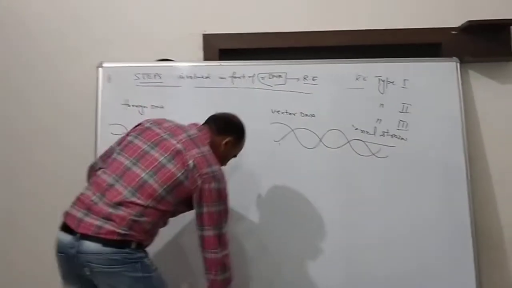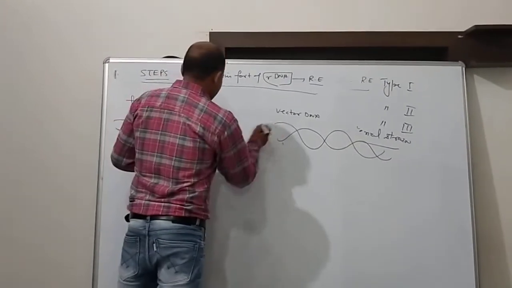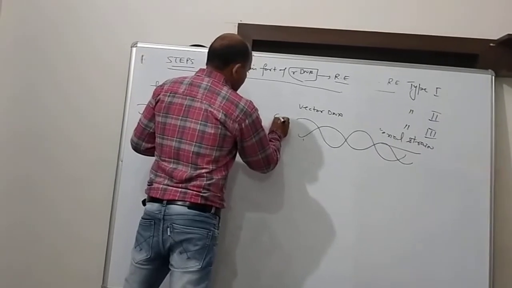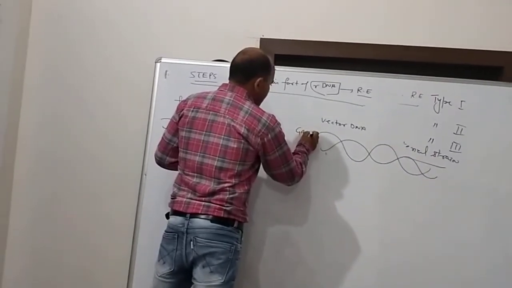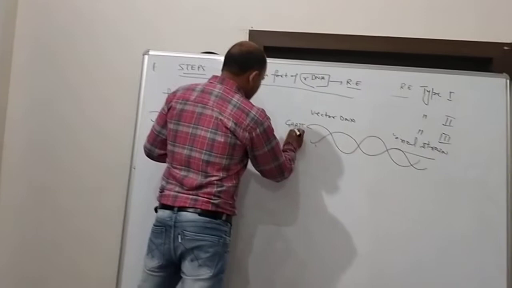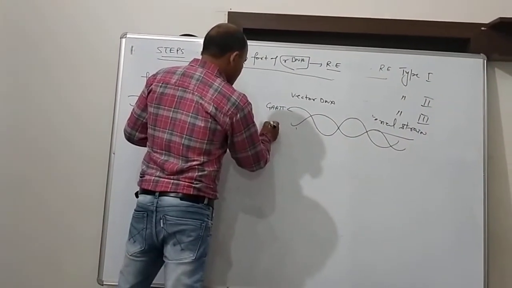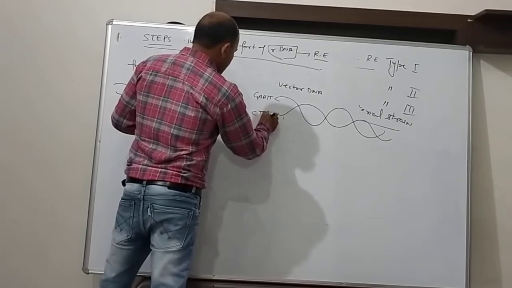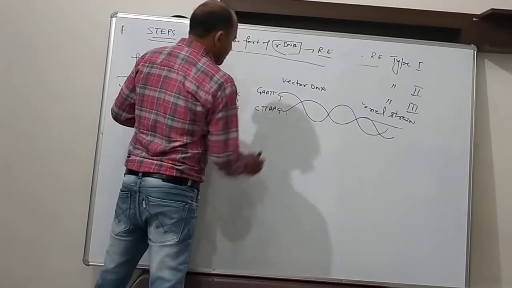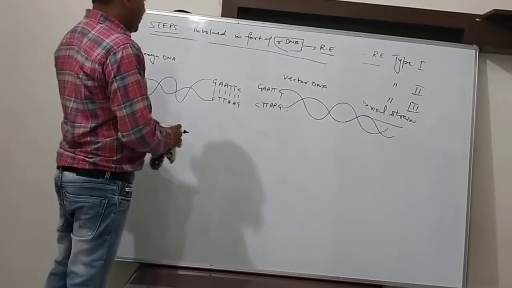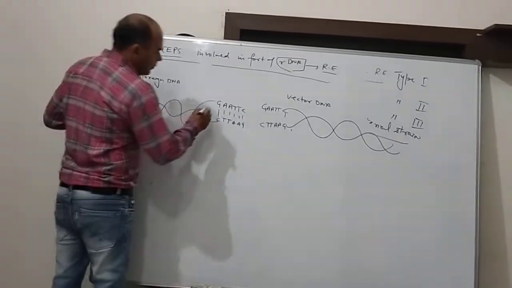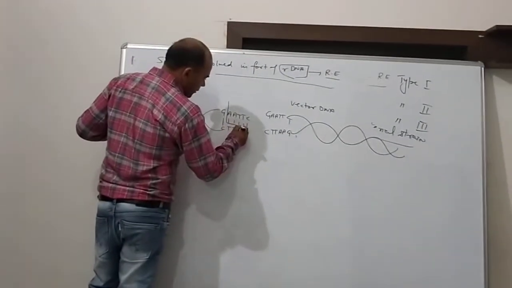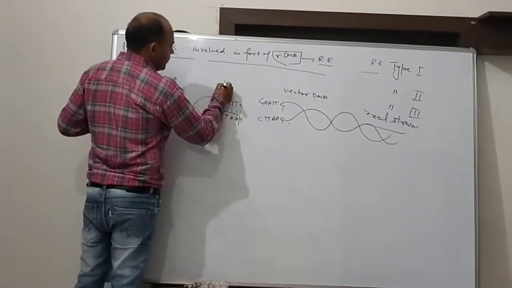Same here, we can use the sequence GAATTC. Match its opposite: CTTAAG. So try to make the cut here in this sequence with the help of a RE.